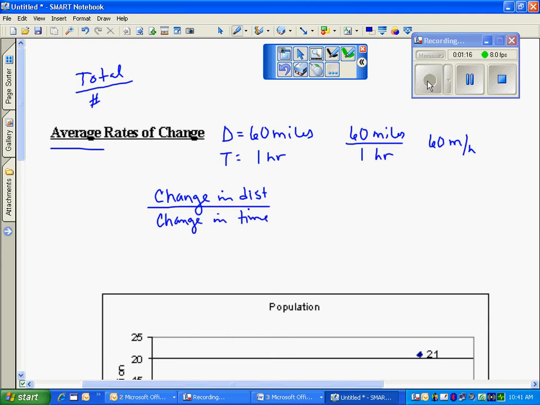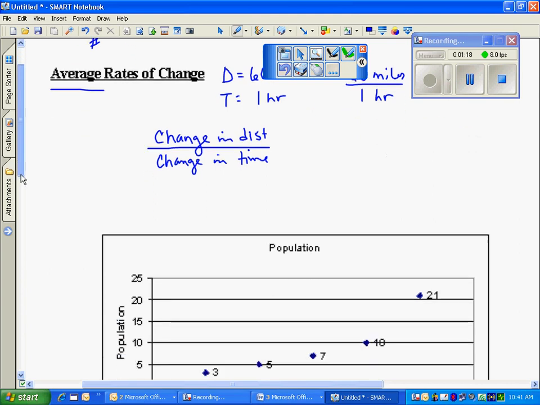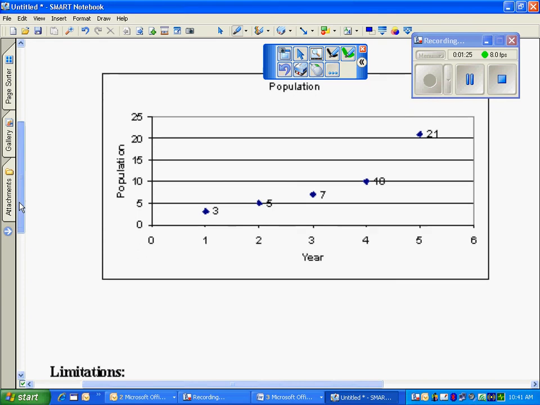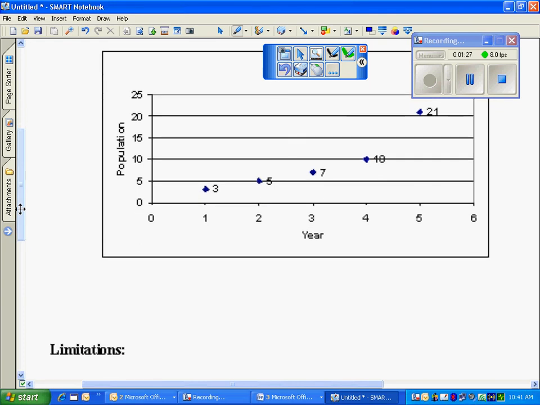So if we want to take a look, here's another scenario of population per year. If I wanted to know the average rate of change from beginning to end, I want to know how far did I change from year 1 in population to year 5. How much did I change by?